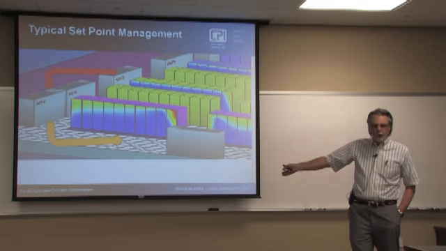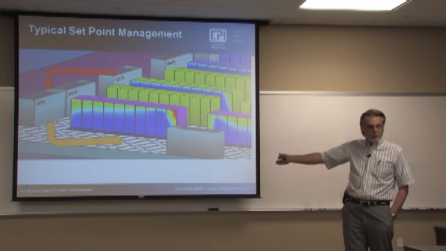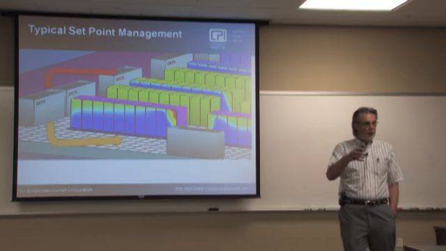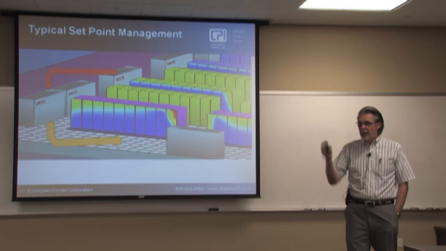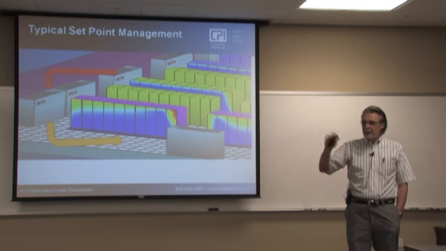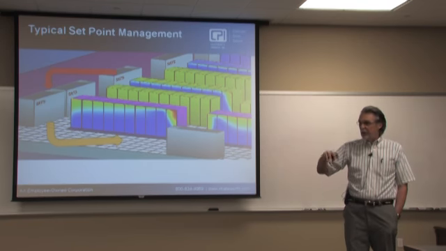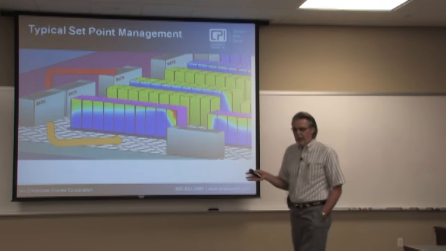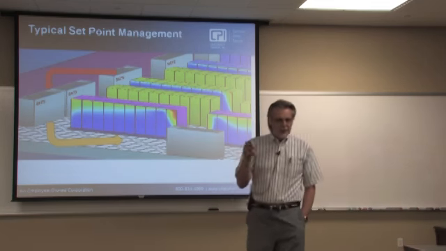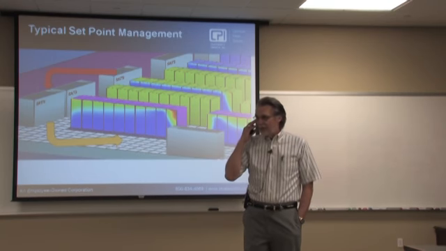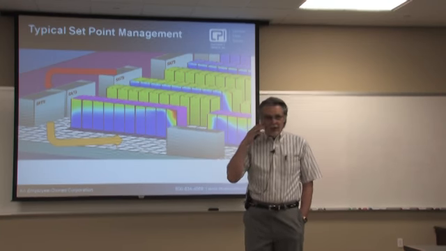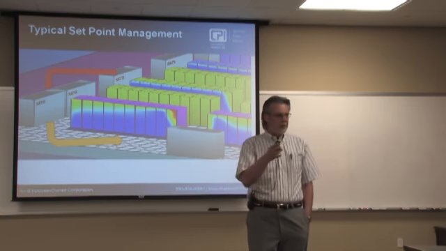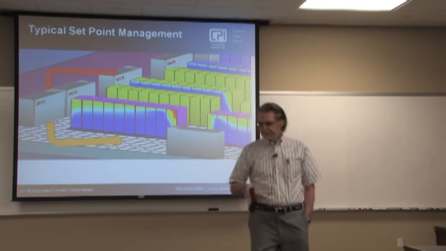Some folks are living with this because they don't know how bad their rooms are. Some folks who are smart enough to go around and see how bad their rooms are will drop that set point from 72 degrees to 71 degrees to 69. When you walk in a data center and the guy says, well, my set point is 69 degrees, you are looking a train wreck in the eyes. That's a disaster.